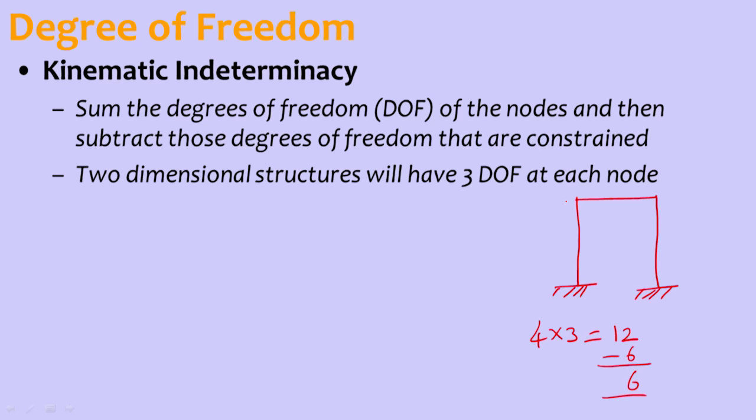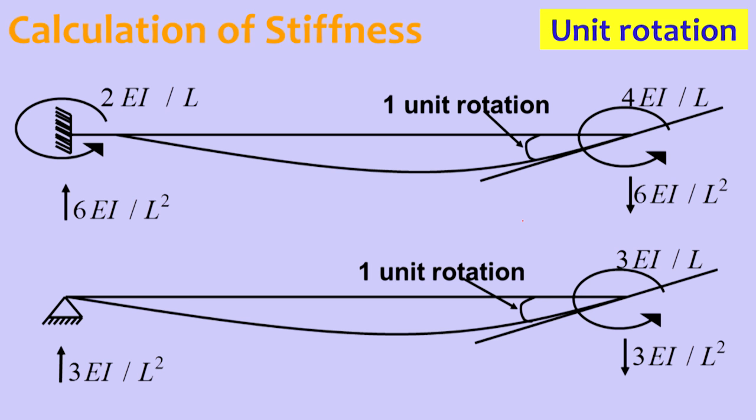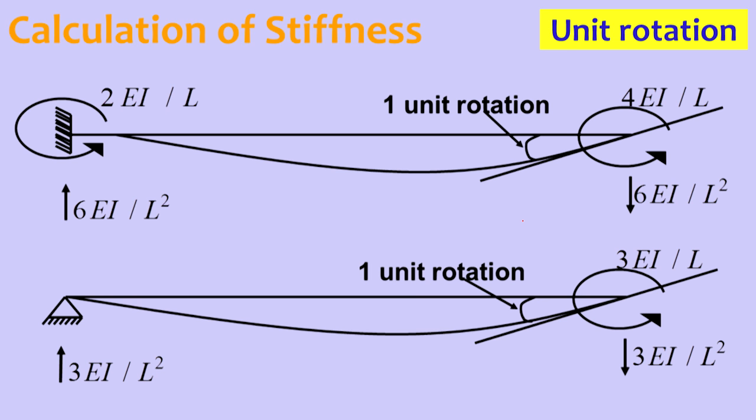Now how do we calculate the stiffness of the member, which is required for finding out the stiffness of the structure or frame? Here we have 1 unit rotation. A figure is shown on the slide.